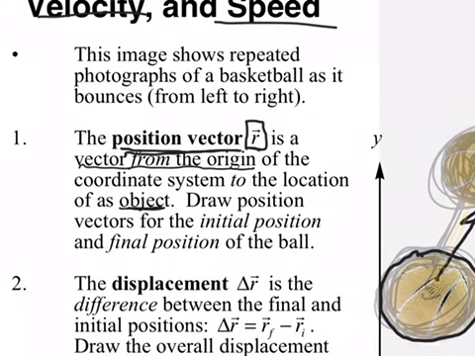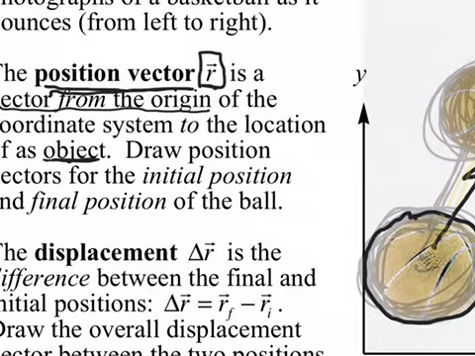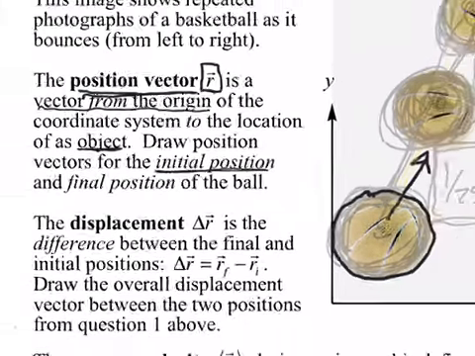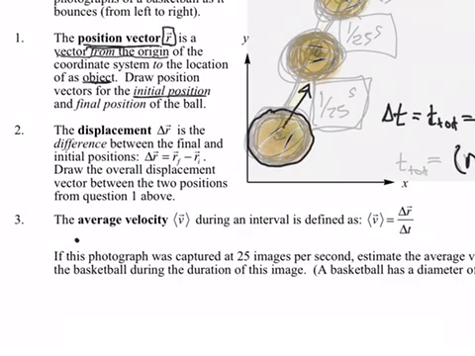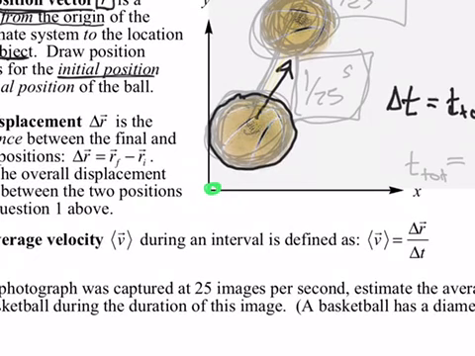So the initial position vector is going to be from the origin right here to, let's say, the center of the basketball. Usually, if it's an extended object, try to find the center of mass and draw the vector. We'll call that r with a little vector over it, and put an i there because it's the initial one.